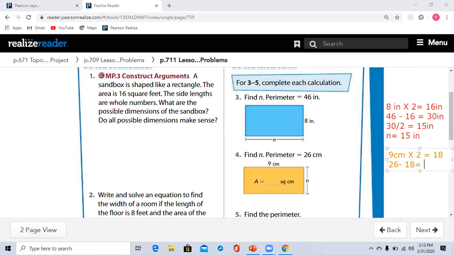That will give me 8 centimeters. But that 8 centimeters is 2 times the length n. So 8 centimeters divided by 2 will give me 4 centimeters. I know that n is equal to 4 centimeters.